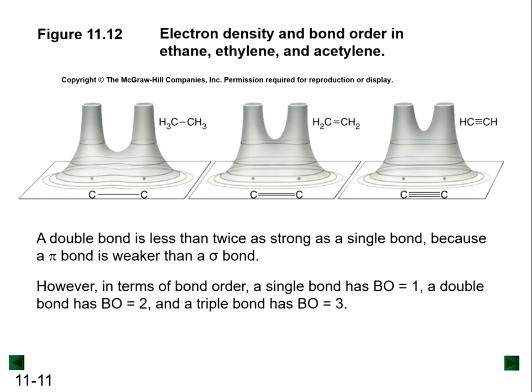However, a double bond is less than twice as strong as a single bond because the pi bond is weaker than the sigma bond. But in terms of bond order, a single bond has a bond order of 1, a double bond has a bond order of 2, and a triple bond has a bond order of 3. So bond order relates to bond strength, but it is not directly proportional.